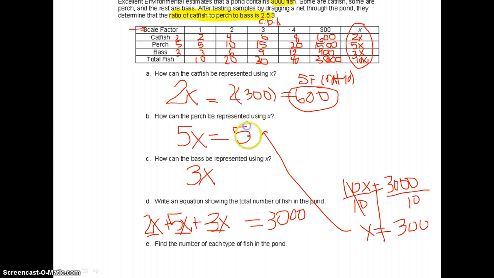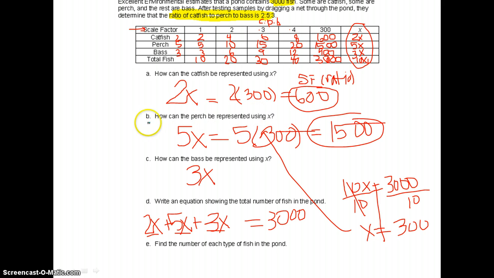That's going to be 5 times 300, which gives me a total of 1,500 perch. And then again, the bass is 3 times x, so I'm going to put 300 into x. And so the bass is going to be 900. So that's what makes up each fish in the pond.